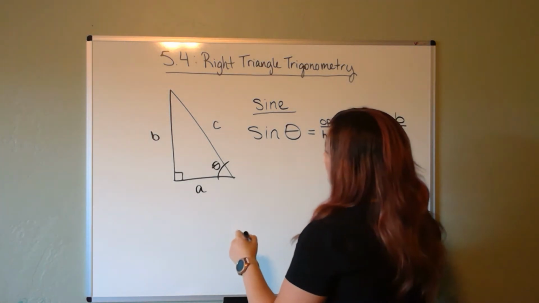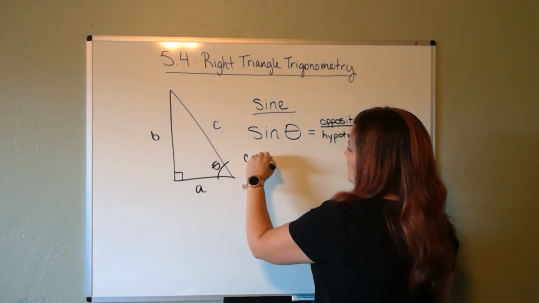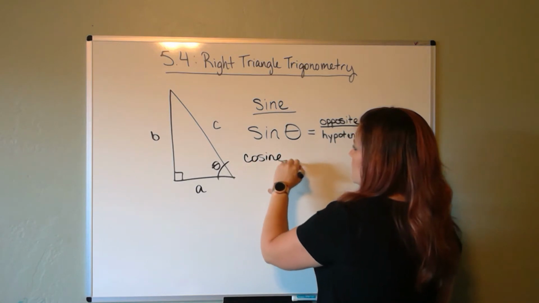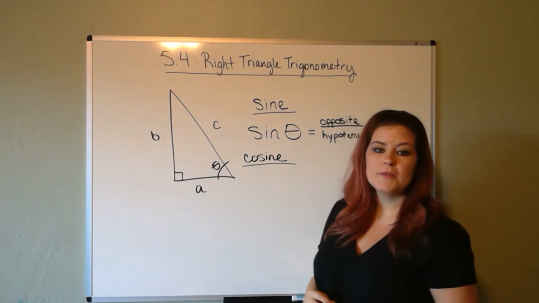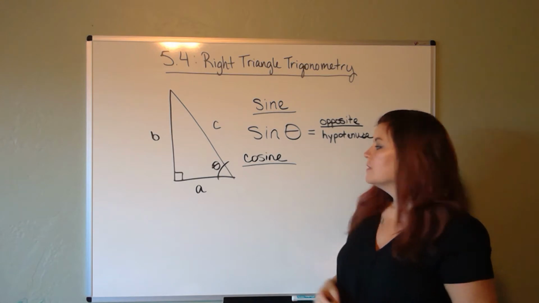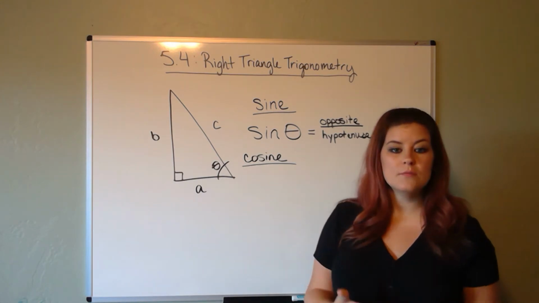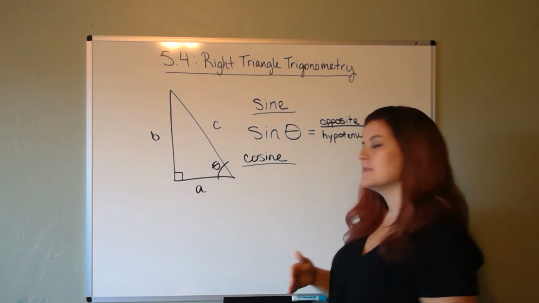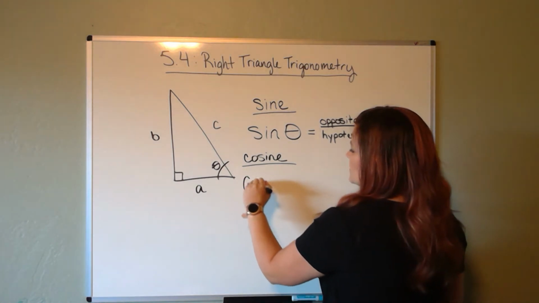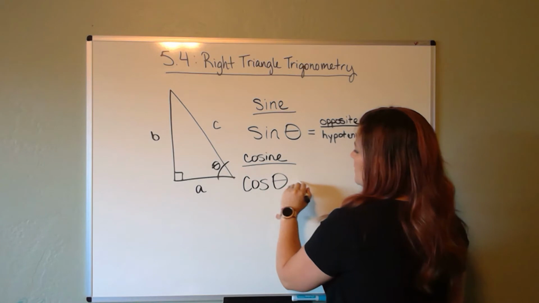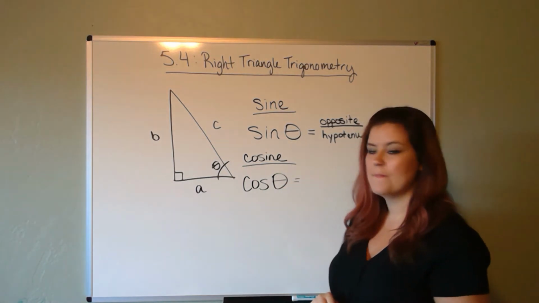Now, after we talk about sine, next, usually we talk about the cosine of an angle. You guys, so cosine, this is the whole word, but we abbreviate this COS. So let's talk about how to find the cosine of theta.